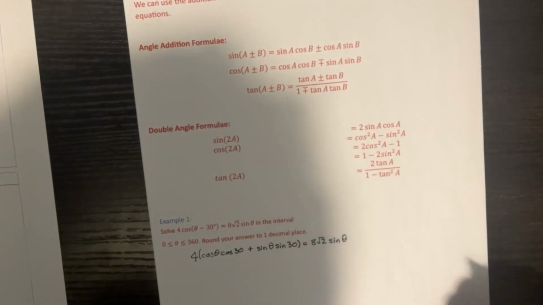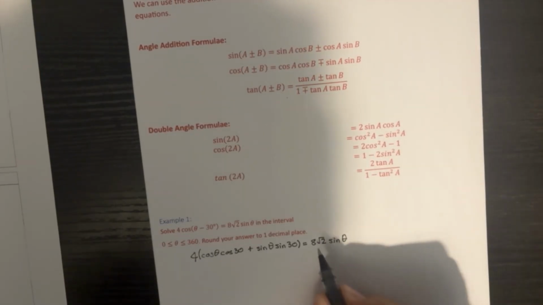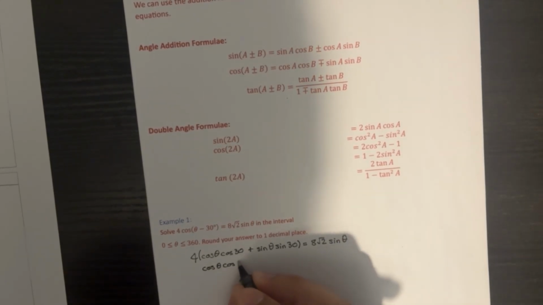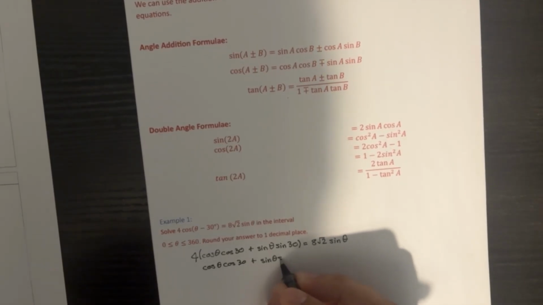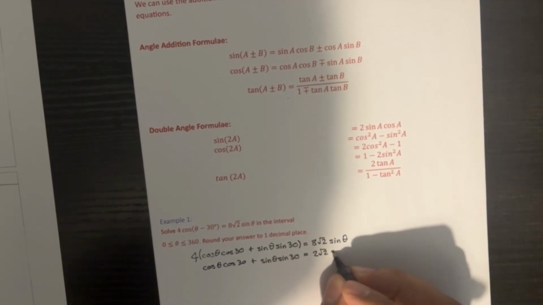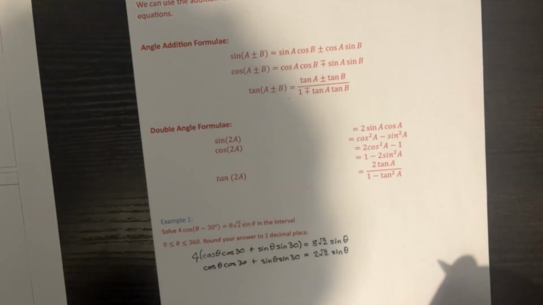So straight away we've got a few things we can spot. I've got a 4 here and an 8 here, so if I divide everything through by 4, we've got cos theta cos 30 plus sine theta sine 30, and that is equal to 2 root 2 sine theta. So I've just done that division by 4 at this stage.